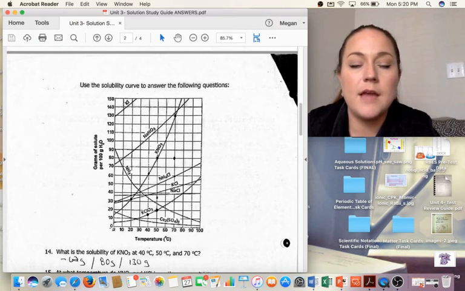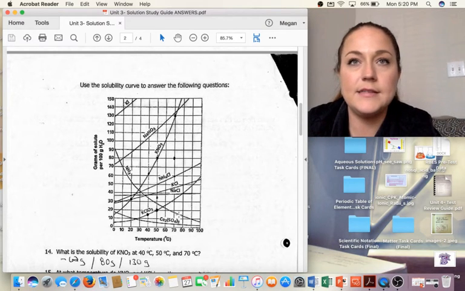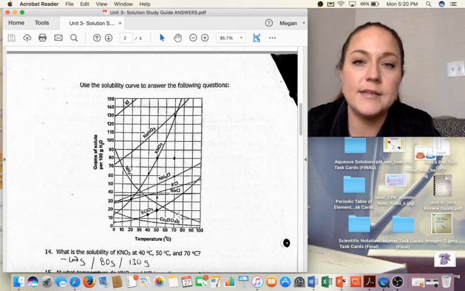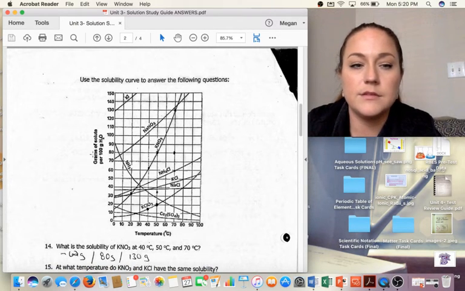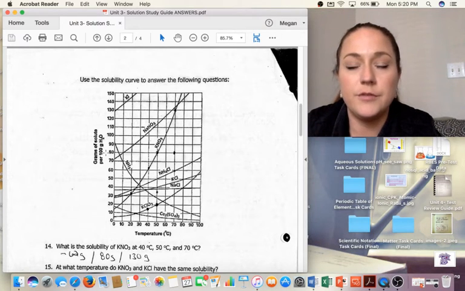So, X axis has the temperatures, Y has the grams of the solute, sorry, not the solvent. The grams of the solute per the 100 grams of the H2O solvent.